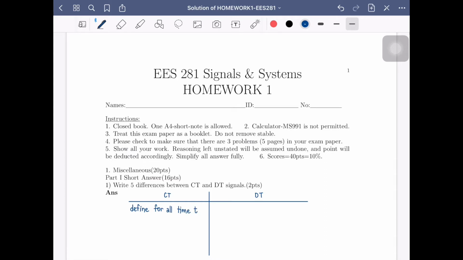But for discrete, we can only divide it at discrete time constants, which leads to the second difference: continuous time t is a real number, but discrete time n is an integer number.